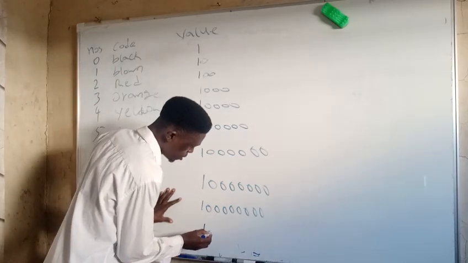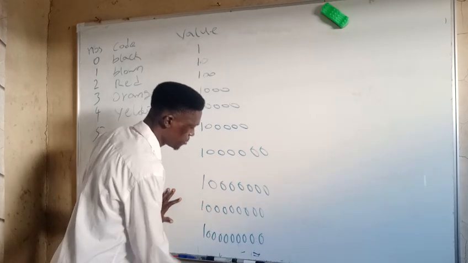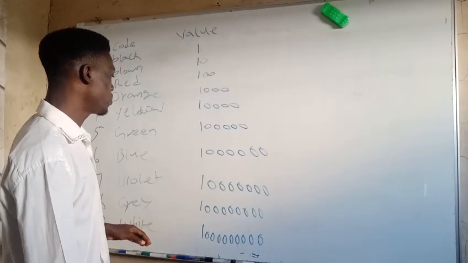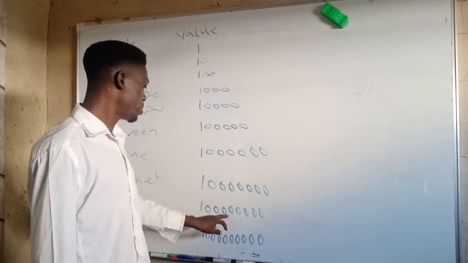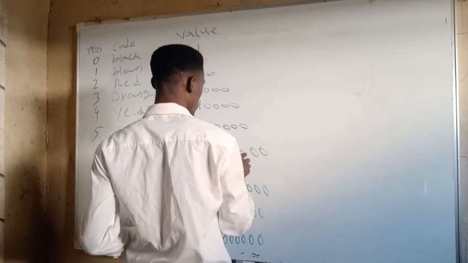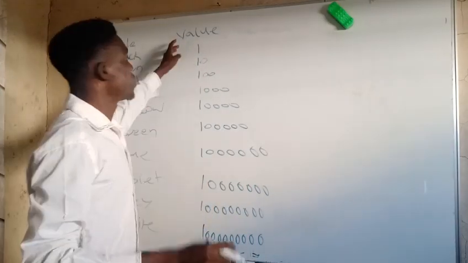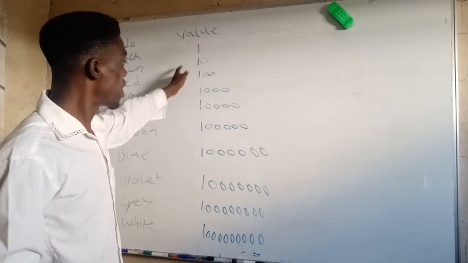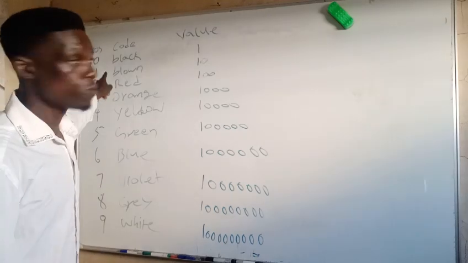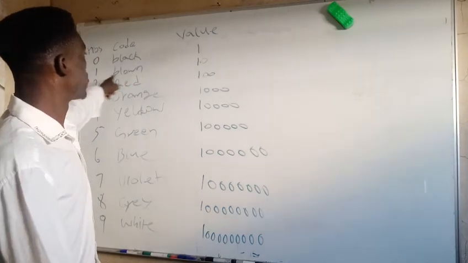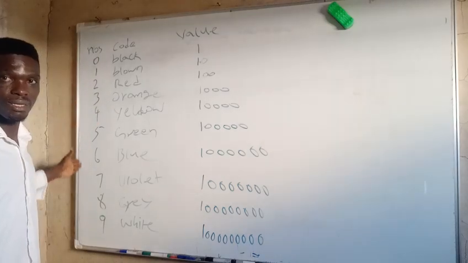You see? So this is the value of what I described by this code. You got it? Black is 1, brown is 10, 100. You measure it according to these code numbers.